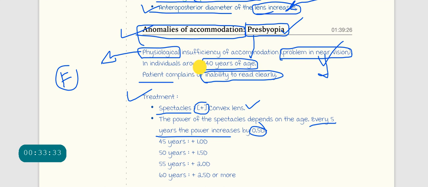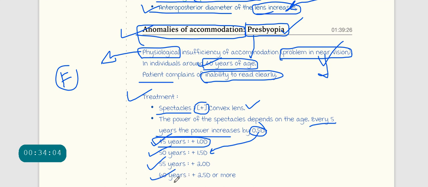At 50 years it will increase by 0.5 and you will be having 1.5 D in plus. At 55 years 2, and at 60 years 2.5 D, and so on. So what we have to remember, every 5 years the power increases by 0.5 D in presbyopia. And presbyopia starts at the age of 40 years.